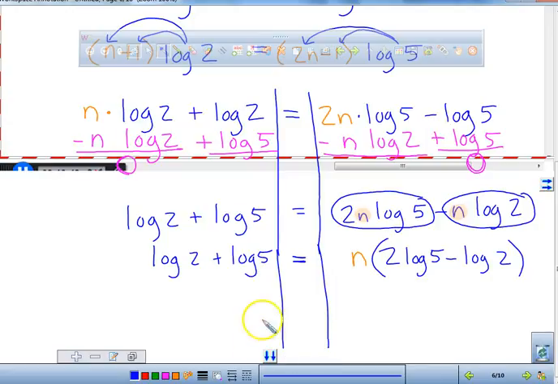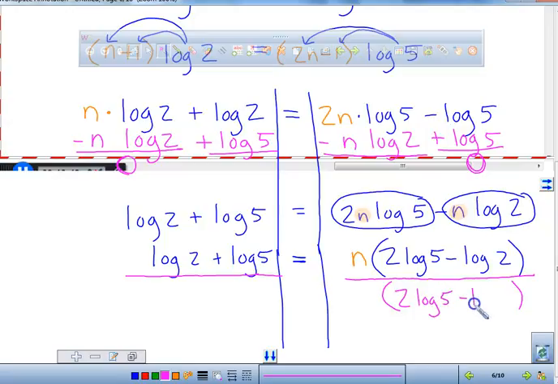Alright, we're down to our final step. The very, very, very last step that you have to do is to divide both sides by this expression. Divide both sides by that expression.